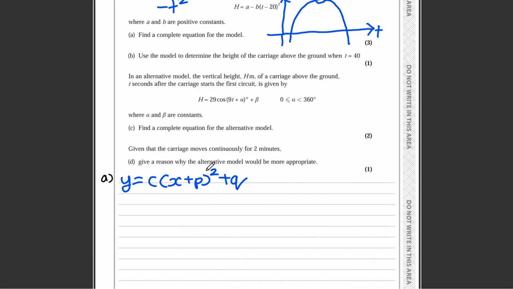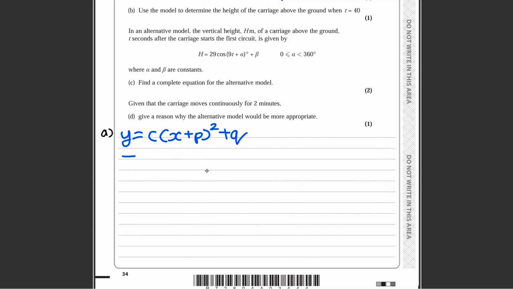And one thing that's really useful about it is it's really easy to find the turning point. You might have to go back to year 1 chapter 2 to remember this, but the turning point when it's in the completed square format is equal to minus p, q, where p is this number here inside the bracket with the x, and q is this number here.